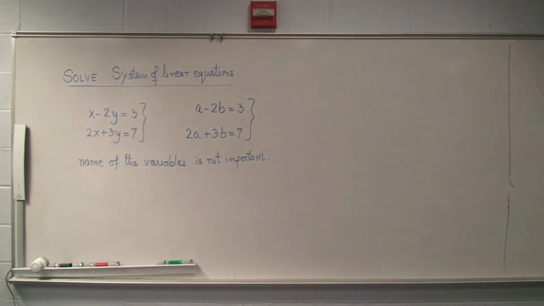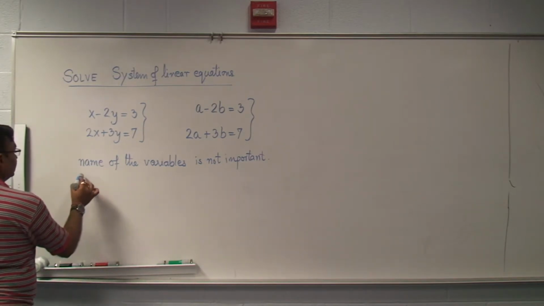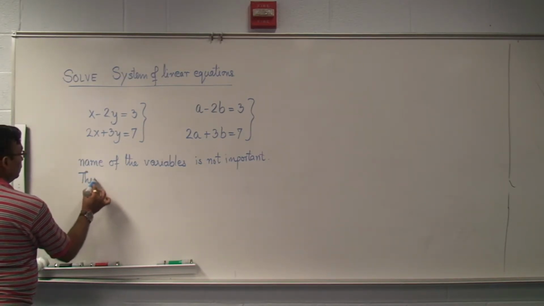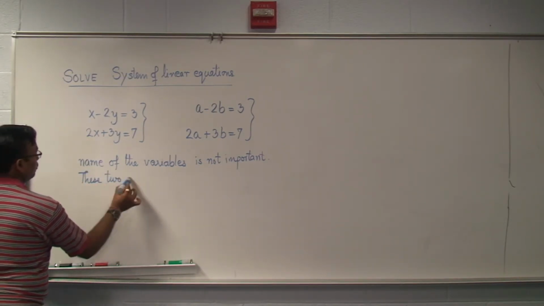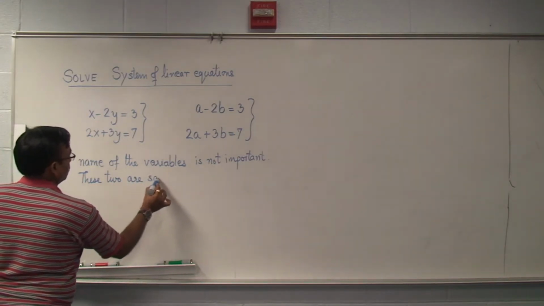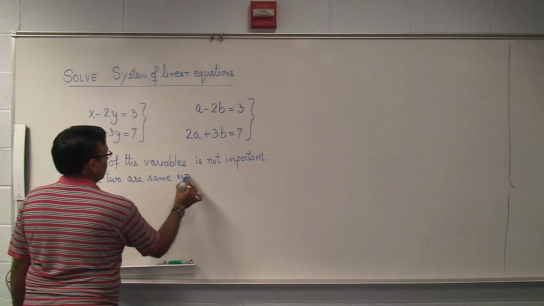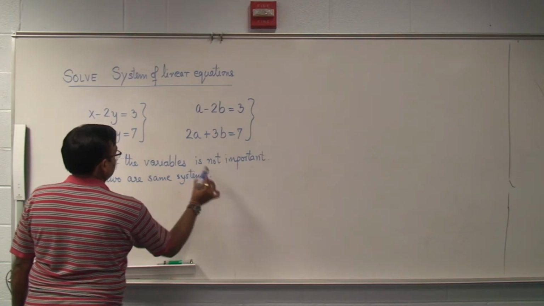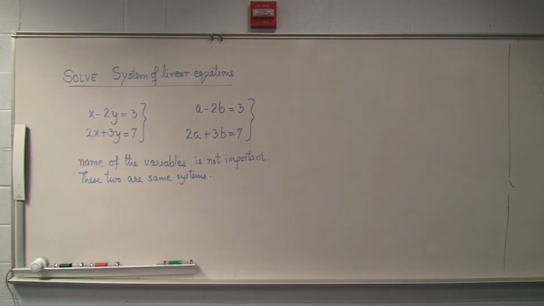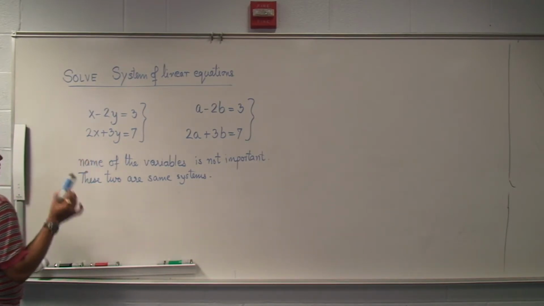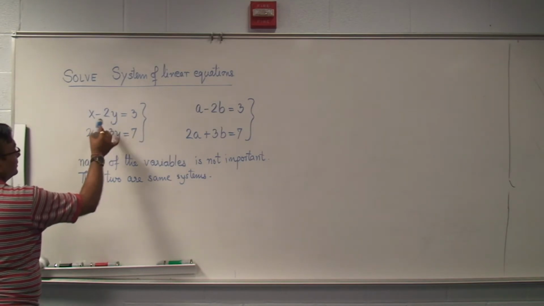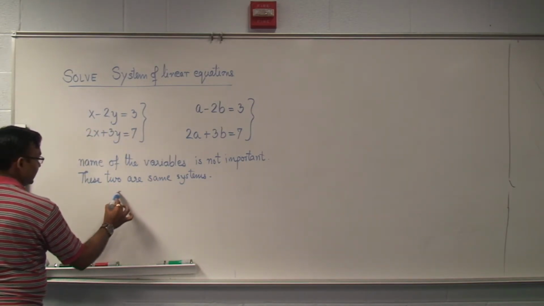So that means these 2 systems are one and the same for us. Since the names are not important, we decide to drop the names. That means our main focus is only on the numbers, or the coefficients, associated with these variables.